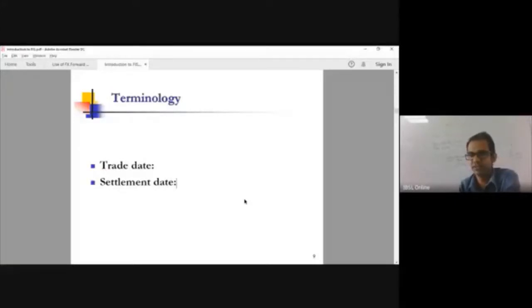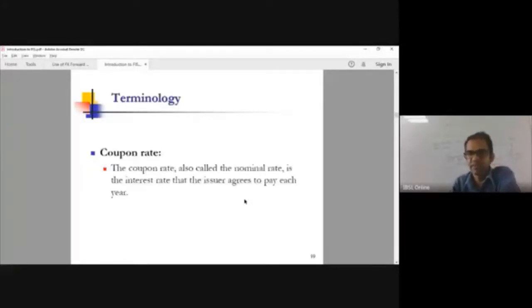If you take US treasuries, US government securities, they settle on T+1 basis. That means you enter into the transaction today, transaction is settled tomorrow, assuming both are business days. In some countries it may be T+2, some countries it may be T+3, and that depends on the issuer type as well.